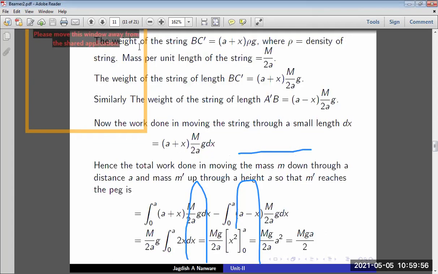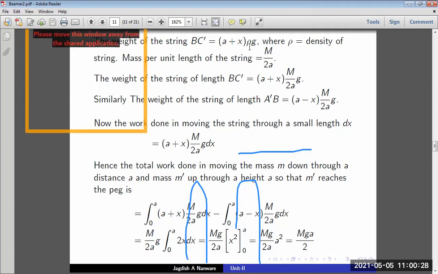Now we find the weight of the string BC dash, and it is equal to (a plus x) rho into g, where rho is the density of the string. The mass per unit length of the string is given by M upon 2a, because it has some length, so in a unit length the mass of that string is M upon 2a.